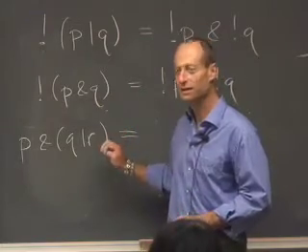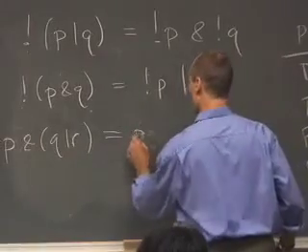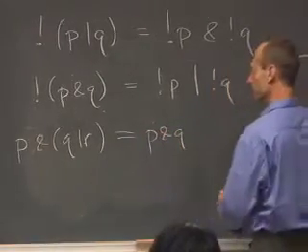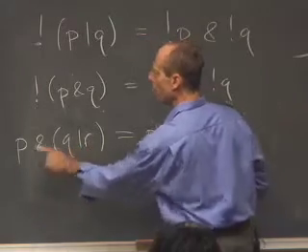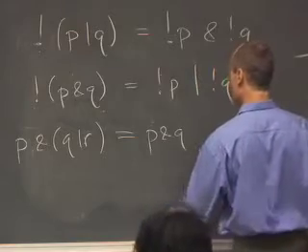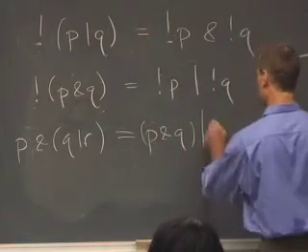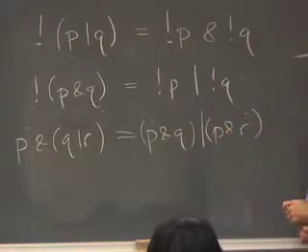Okay? So it's either P and Q. This is true if either Q or R is true, but P has to be true no matter what. Right? So this is P and Q or P and R. Okay.